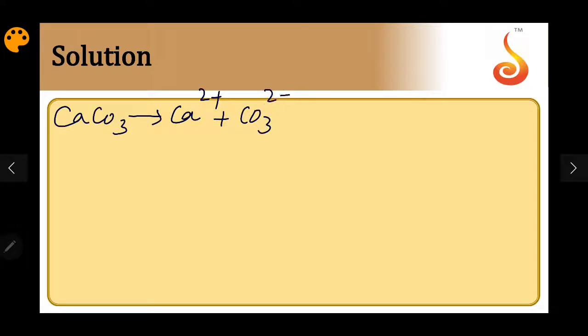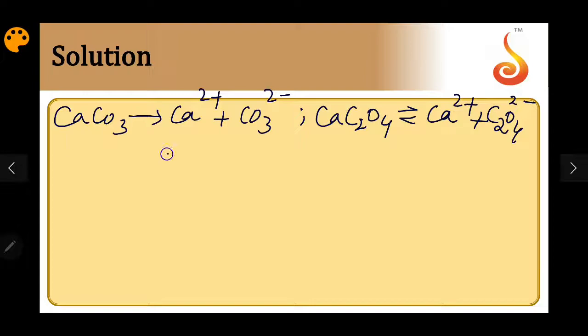Same way, CaC2O4 gives rise to Ca2+ and C2O4 2-. Let us say from calcium carbonate, this is X and this is X. Calcium is common, so I can write Y coming from calcium oxalate. So I am writing it as (X+Y) × Y.